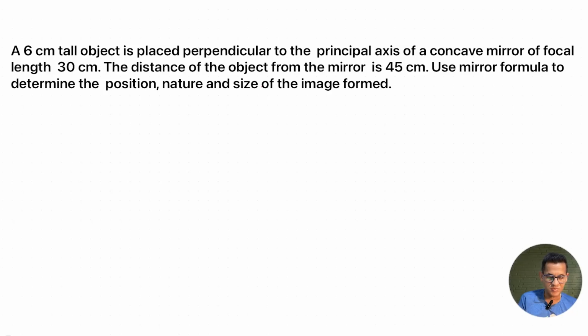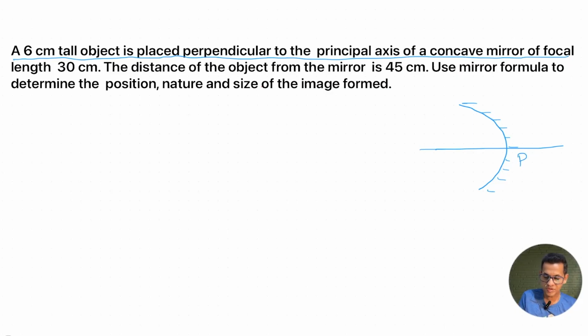So the problem says a 6 centimeter tall object is placed perpendicular to the principal axis of a concave mirror. So let's decode the first line. We have a concave mirror, and there is an object of height 6 centimeters.